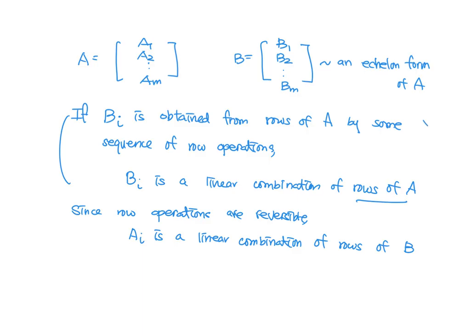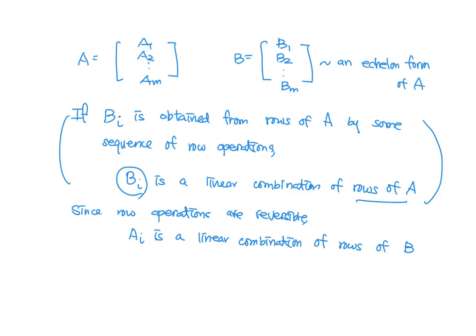So this upper part shows that if each row of B is a linear combination of rows of A, then when I consider the row space of B, which is generated by some rows in the B matrix, and each Bi is a linear combination of the rows of A, then that linear combination inside the row space of B is contained in the row space of the A matrix.